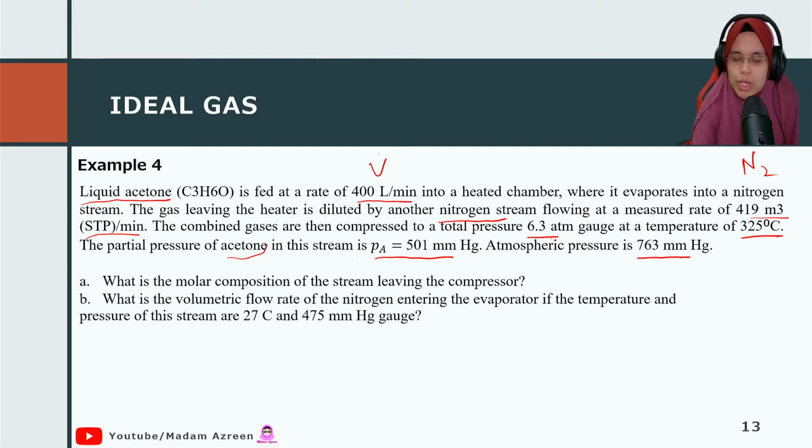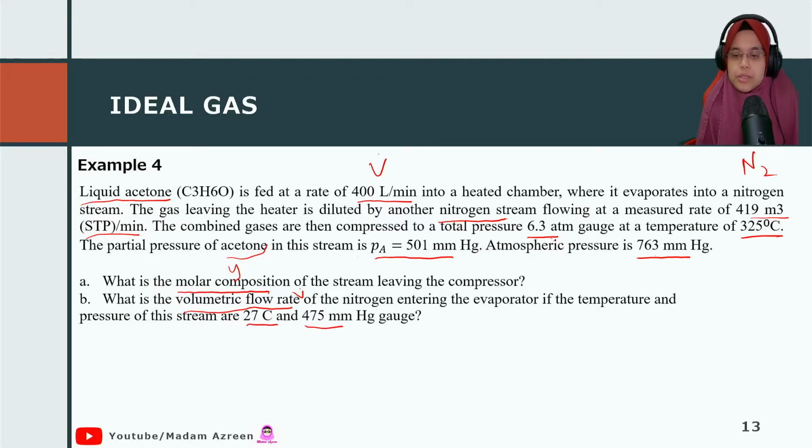So we have to find: A, what is the molar composition of the stream leaving the compressor, which is the value of Y, and B, what is the volumetric flow rate V entering the evaporator, if the temperature and pressure of this stream are this one and this one.